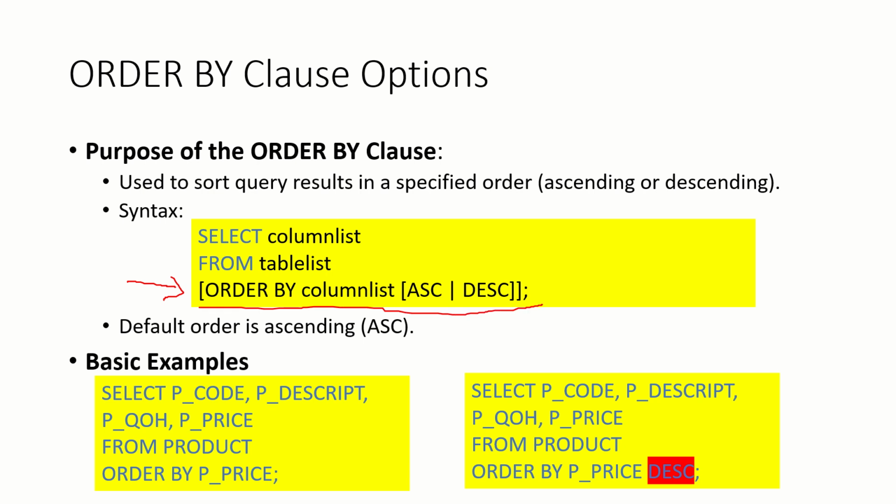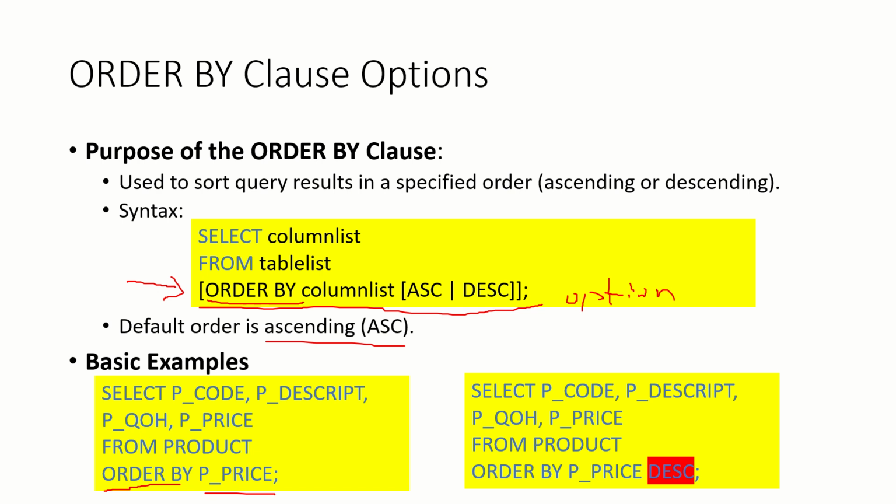When you see brackets right here, that means it's optional, which means you don't have to use ORDER BY. It's not required. But if you're trying to order the results, you need to use the keyword ORDER BY. For example, we're ordering by the price. By default, the order is always ascending.